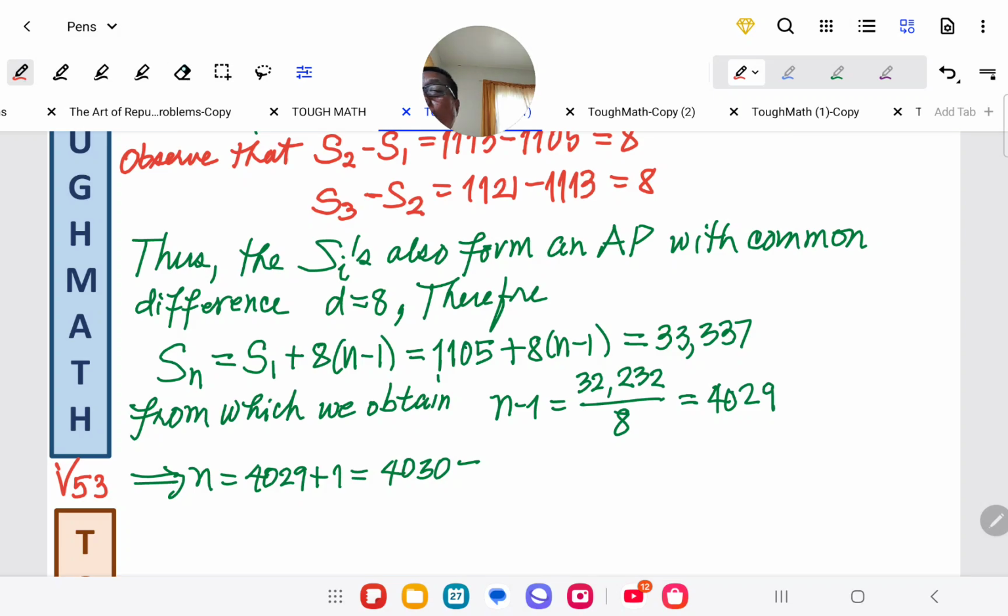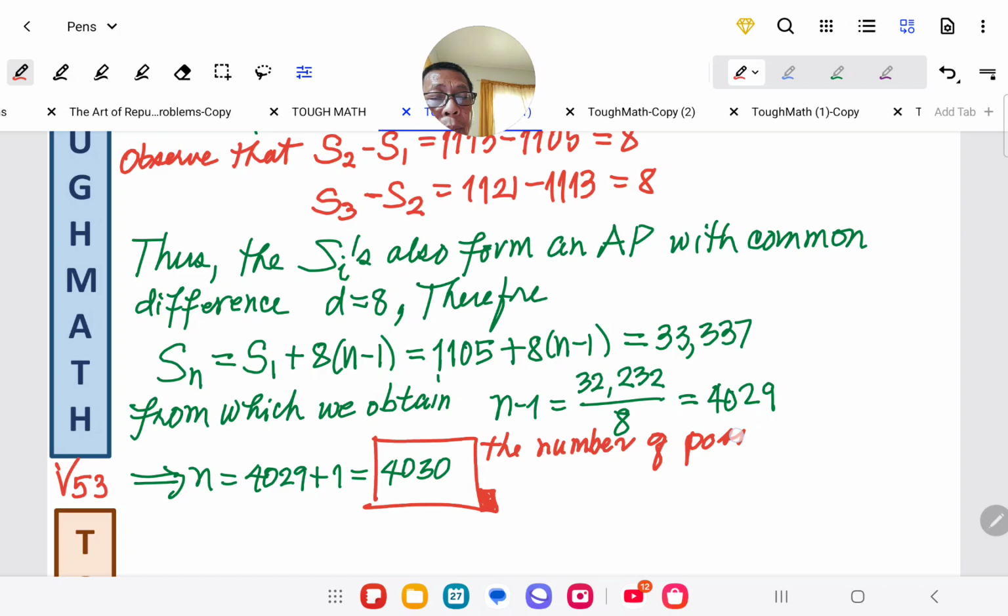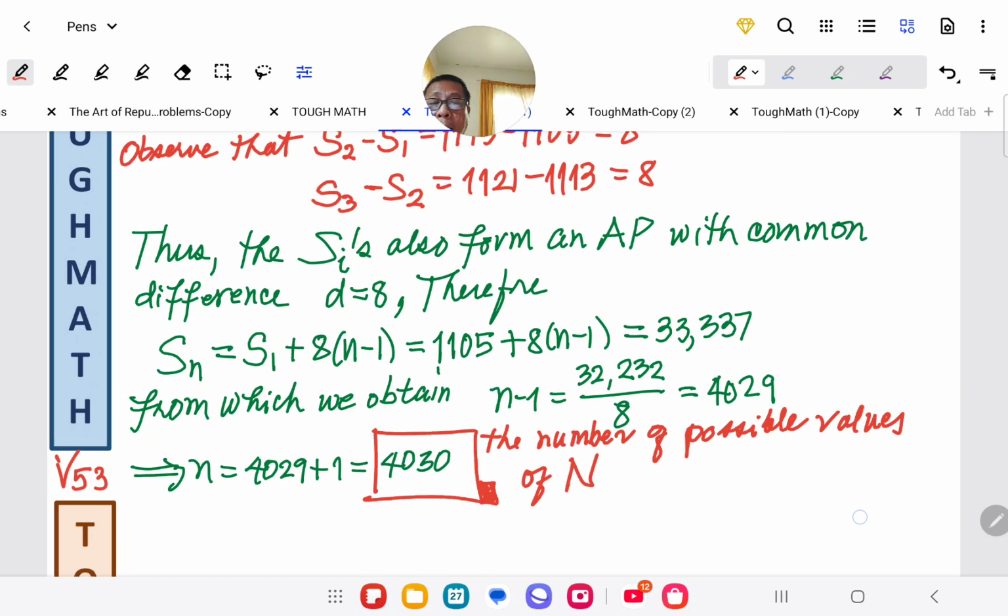This is the number of possible values of n.